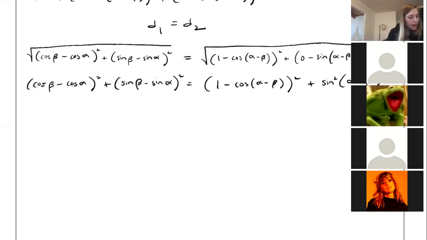All right, from here, the algebra is tedious. We're going to multiply all of these squares out. We're going to multiply this guy out first. And we would get cosine squared beta minus 2 cosine alpha cosine beta plus cosine squared alpha.